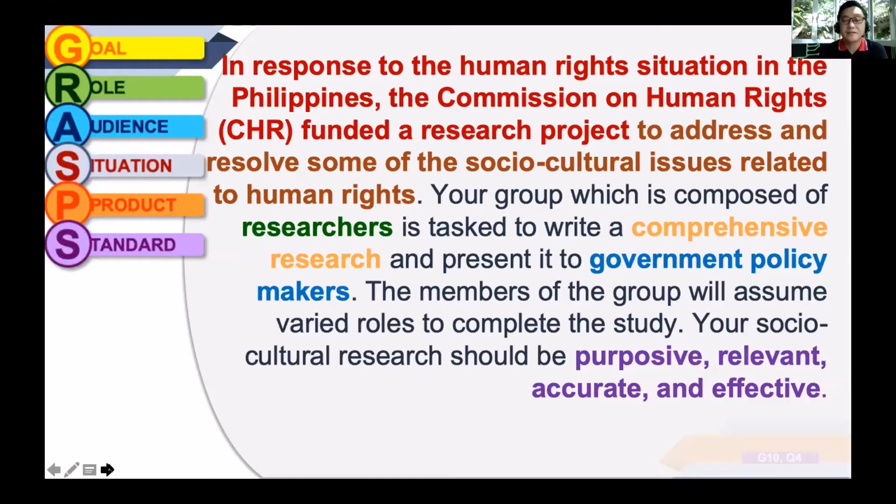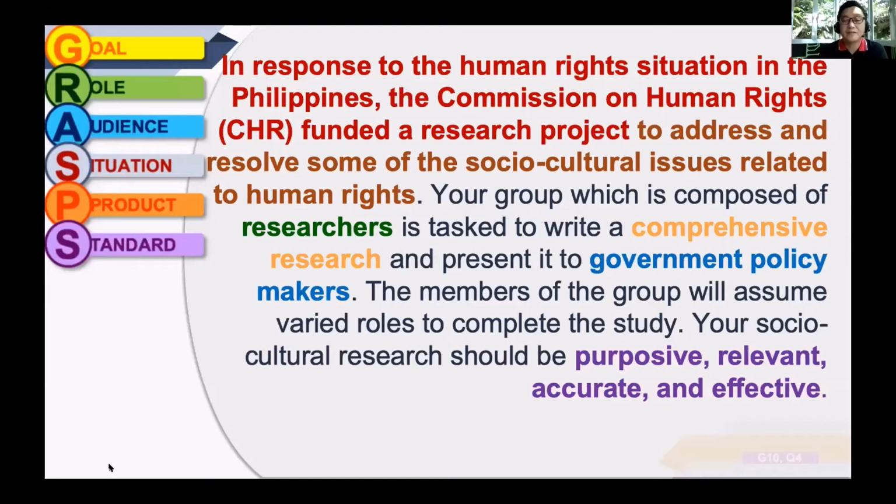In response to the human rights situation in the Philippines, the CHR funded a research project to address and resolve some of the socio-cultural issues related to human rights. As a researcher, you're assigned to write a comprehensive research and present it to government policy makers. You need to visit the city hall now.